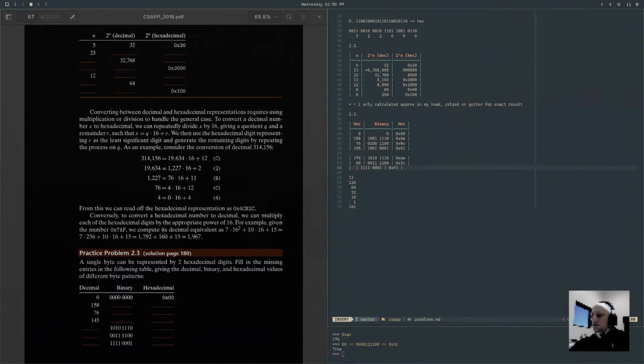So let's check this. 141 is equal to 0b11110001, which is equal to 0xf1. Oh Lord. Did I mess something up? 128, 64, 32, 16, and then 1. 8, 2, 10, 21, carry the 2.